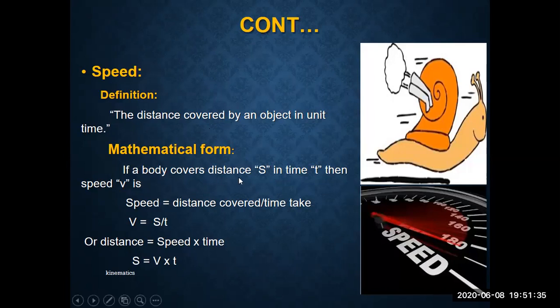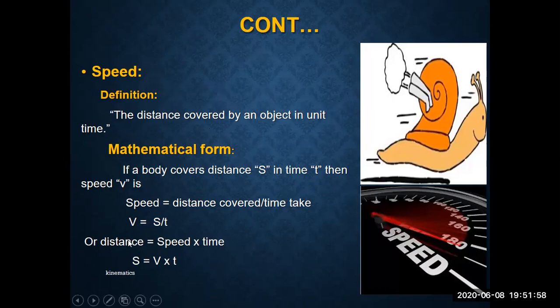If a body covers distance s in a unit time t, then how will you calculate speed? Speed is calculated by distance covered per unit time. So the formula is this one: v represents the speed, s represents the distance which we have already discussed in the last class, t represents the time. So how will you calculate distance then?